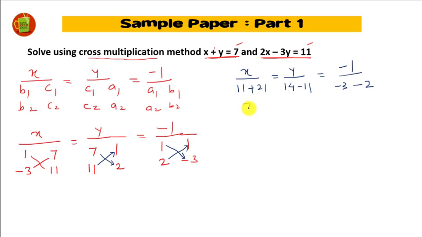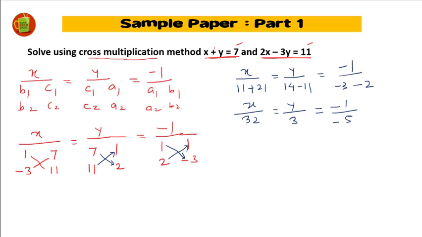So here it will be x upon 11 plus 21, that will be equal to 32, which is equal to y upon 14 minus 11, that will be equal to 3, which is equal to minus 1 upon minus 3 minus 2, that will be minus 5. Now we equate the first and the last term, and the second and the last term, to get the values of x and y.